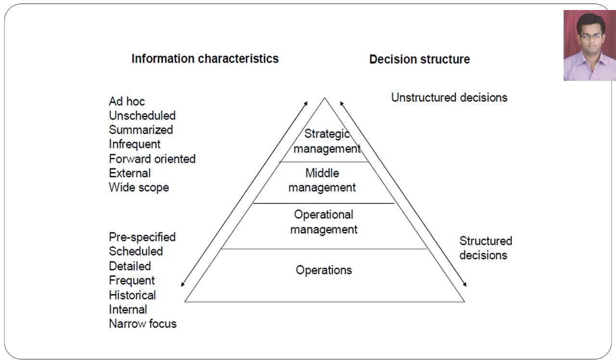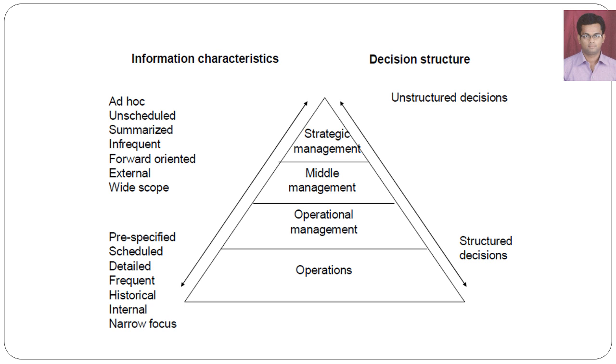So if you look at the diagram from top to bottom, then you will descend from unstructured decisions to structured decisions on the decision structure parameter, and you will descend from ad hoc to pre-specified, unscheduled to scheduled, summarized to detailed, infrequent to frequent, forward oriented to historical, external to internal, wide scope to narrow scope on the information characteristics parameter.